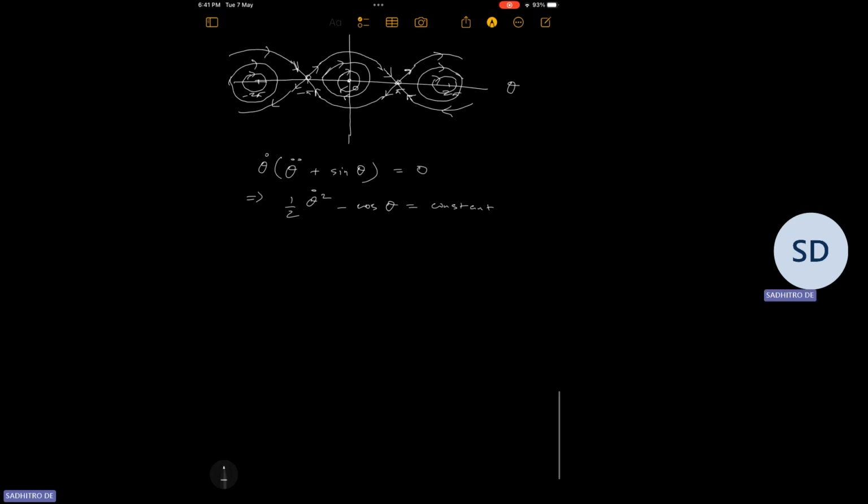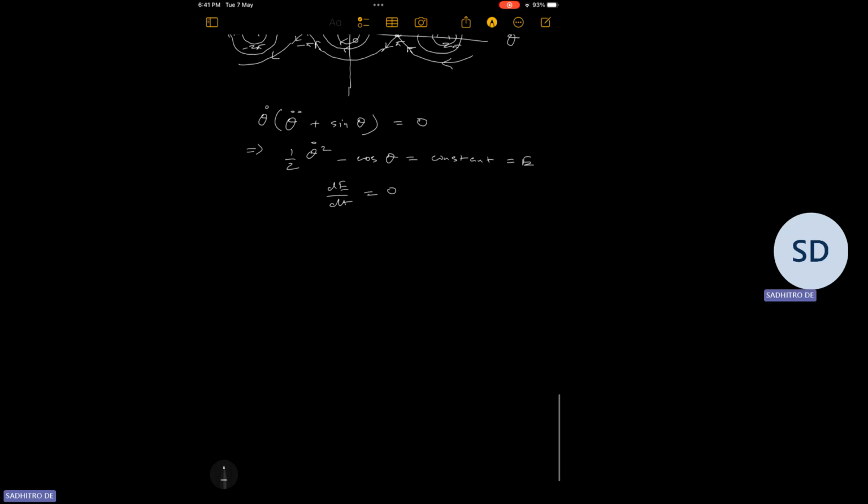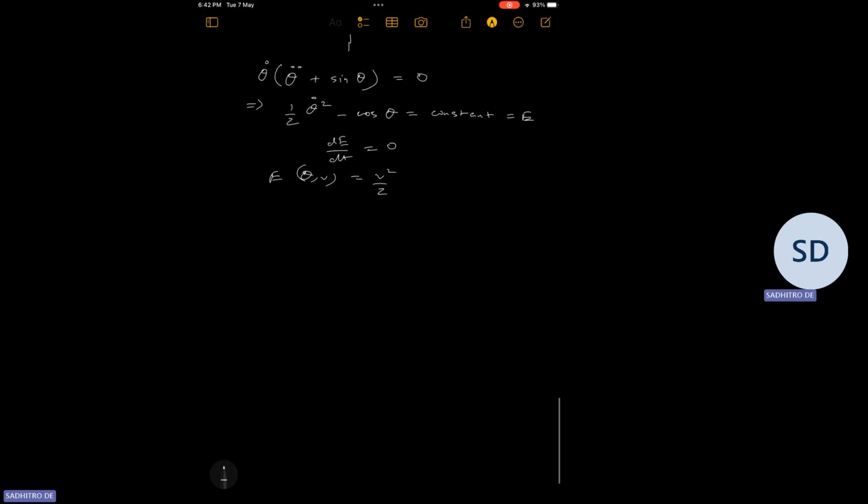So you can basically define a constant of this form E such that E is constant over all trajectories, right? So that is why this is a conservative system. So the energy function E as a function of theta and v can be written as v squared by 2, which is the physical interpretation of the kinetic energy, minus cos theta, whose physical interpretation is the potential energy.